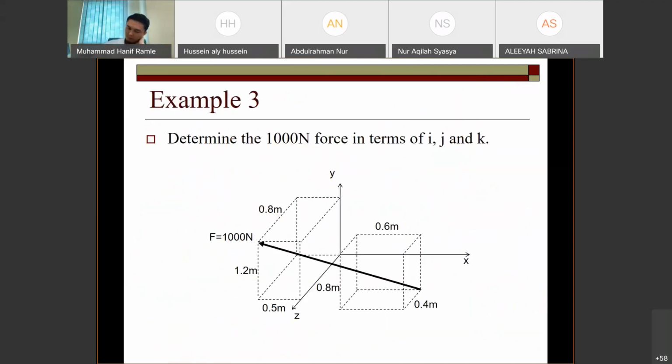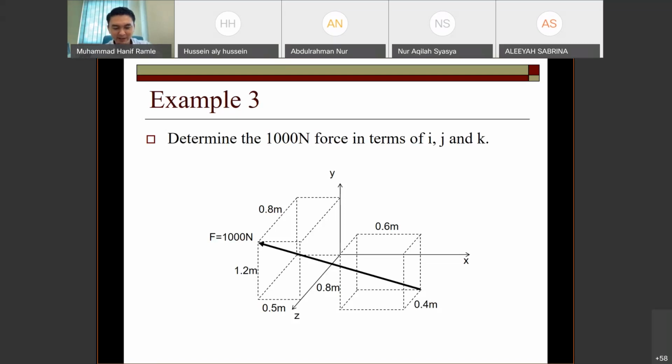So any question before we proceed to example 3? So far no? Very easy, straightforward. Easy as pie, as the Malays would say.